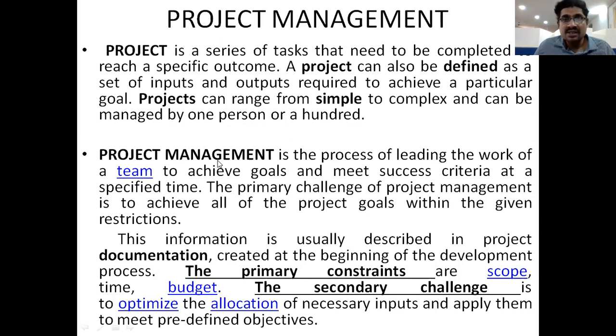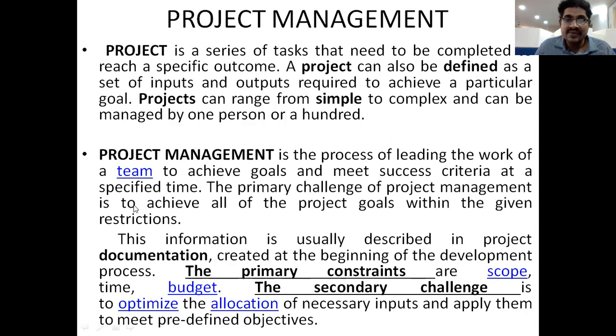So by using these different functionalities, here: input and output planning, pre-decided tasks or pre-decided activities, leading the team, scope, time, budget, optimization, allocation of necessary inputs.